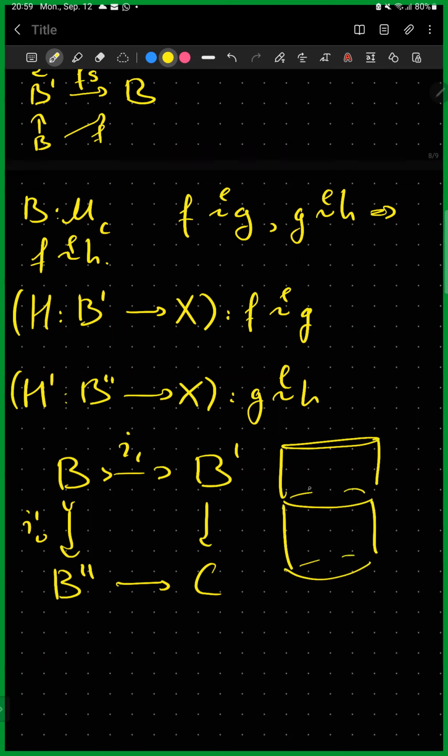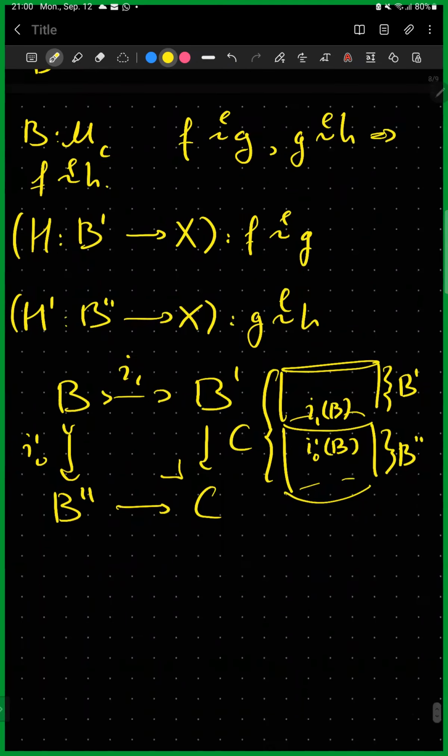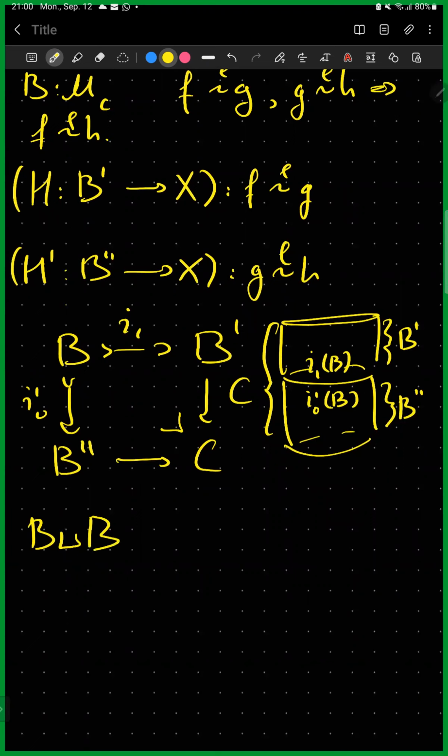So here we have I1 of B, and here we have I0 prime of B. So this part here is B prime, this part here is B double prime, and this altogether is C. So we have a map from two copies of B to C, denoted by J0 plus J1, and C is weakly equivalent to B.